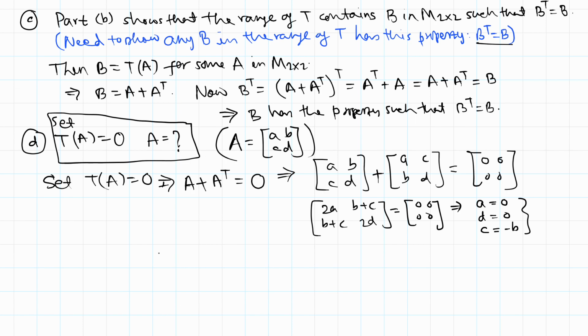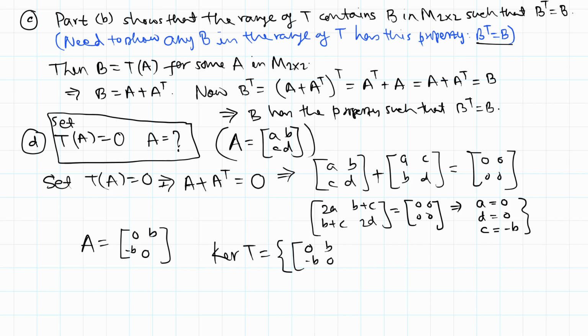So all the A that we are trying to determine are A, B, C, D where A is 0, D is 0. Now B we can just write B, and C is negative B. So the kernel of T is the set of all matrices like this one: 0, B, negative B, 0.